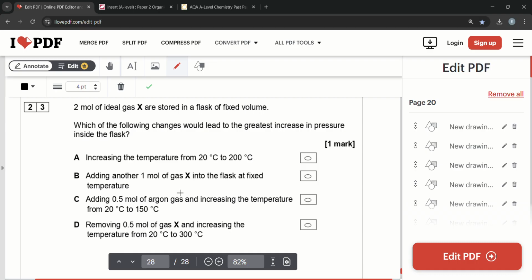Then question 23. 2 moles of ideal gas are stored in a flask of fixed volume. Which change should lead to the greatest increase in pressure?